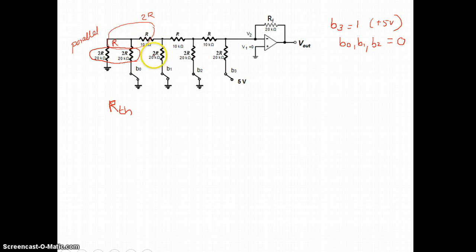This 2R and this 2R are parallel, again it is R. That R and this R are in series, it will become 2R. That 2R and this 2R are parallel, it will become again R, R plus R, 2R.